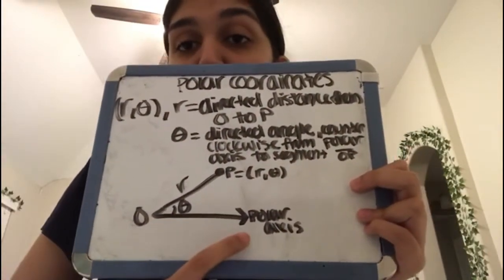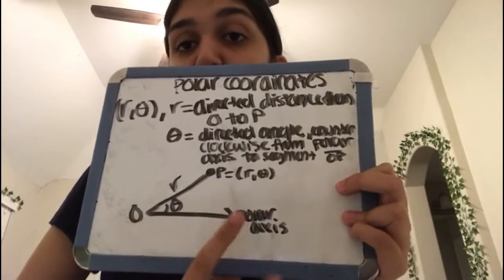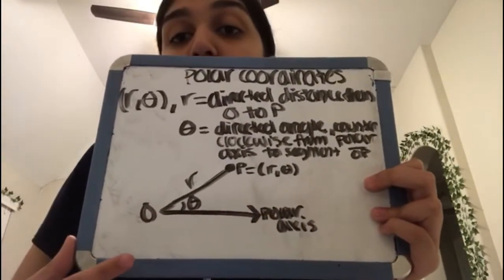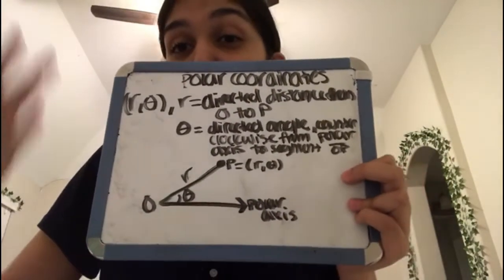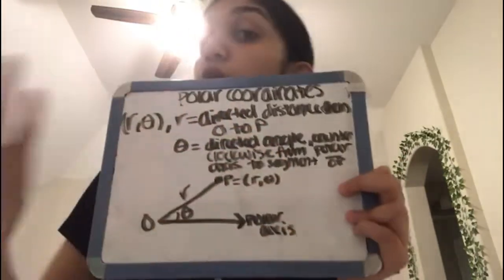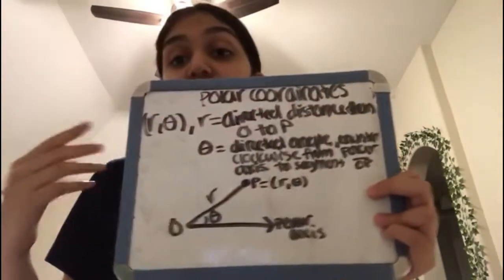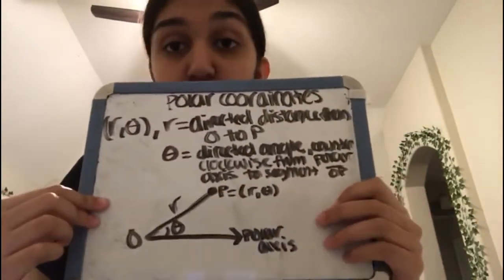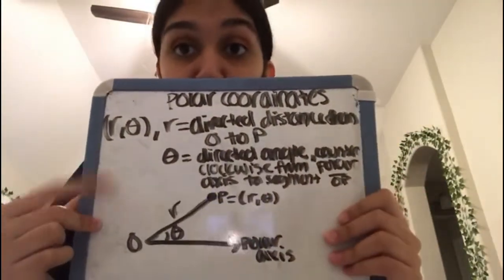And this is the polar axis, and this is P, which is equal to r and theta. This is one area where I could show you a visual picture of what I mean by O to P and r and theta, because this is actually new to me too. So now you know what it looks like visually, and let's get started with the problems.